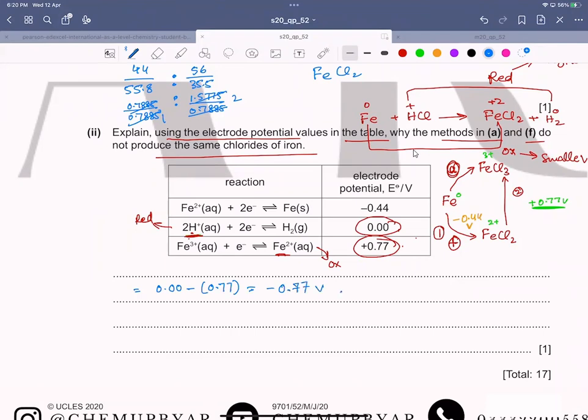After this, I can say that as E naught cell is negative, the reaction between Fe2+ and hydrogen ion is not feasible. Is this clear to anyone?